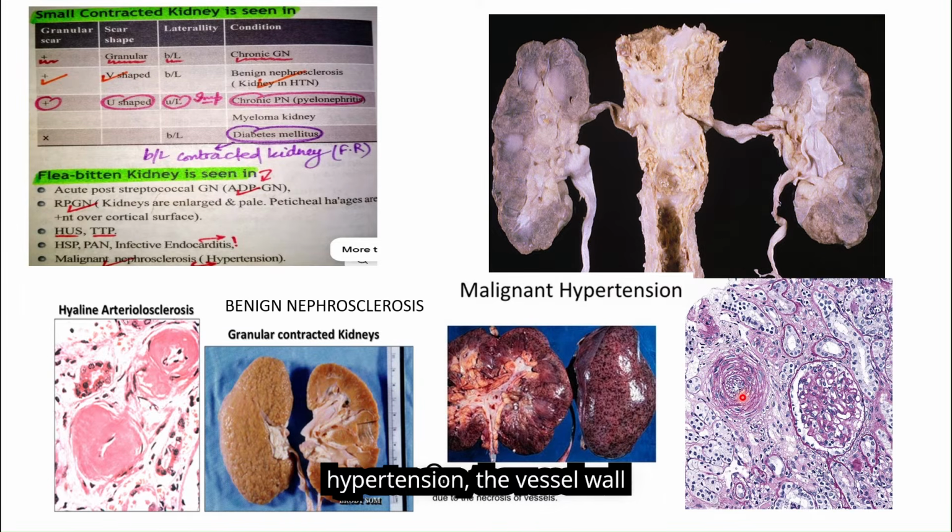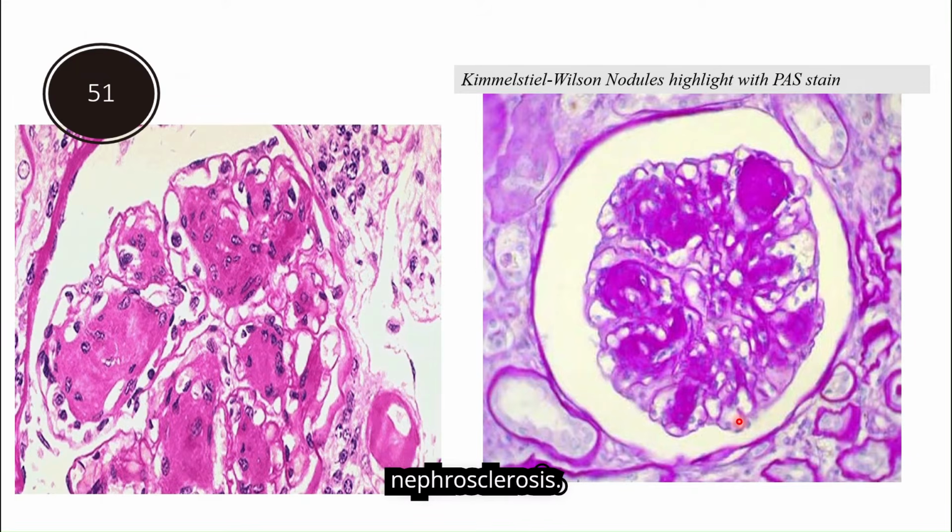In malignant hypertension, the vessel wall shows thickened and layered appearance like onion. So this is called onion skin appearance of the vessel, and this change is called hyperplastic arteriolosclerosis. So hyaline arteriosclerosis in benign nephrosclerosis and hyperplastic arteriosclerosis in the malignant hypertension or malignant nephrosclerosis.